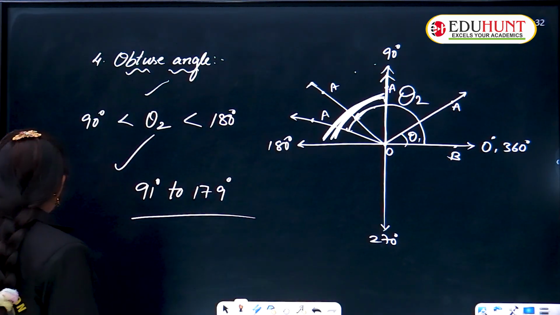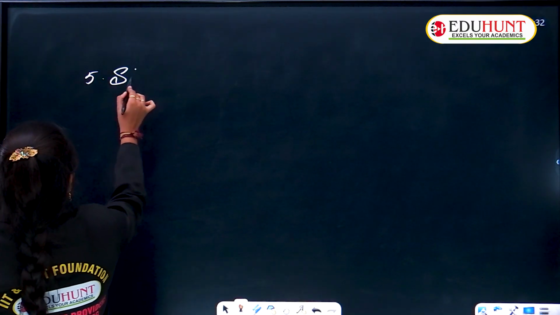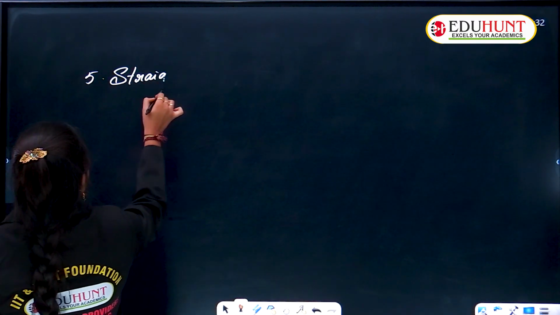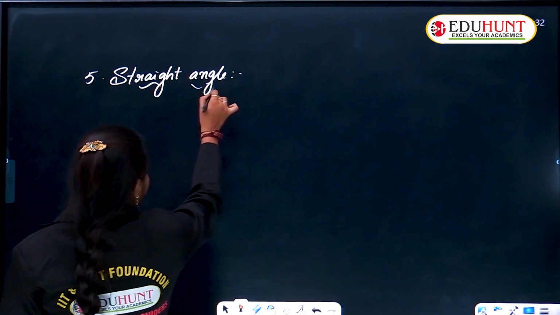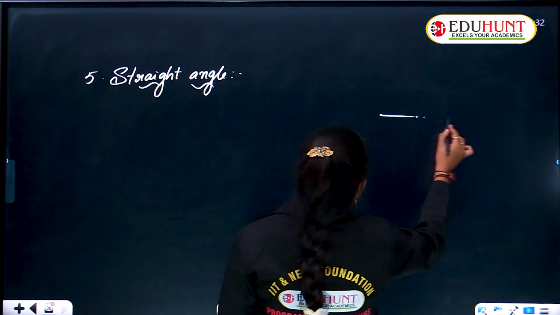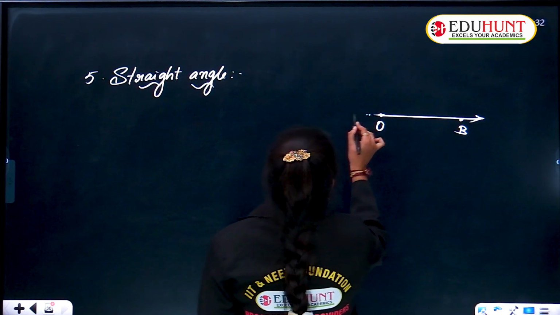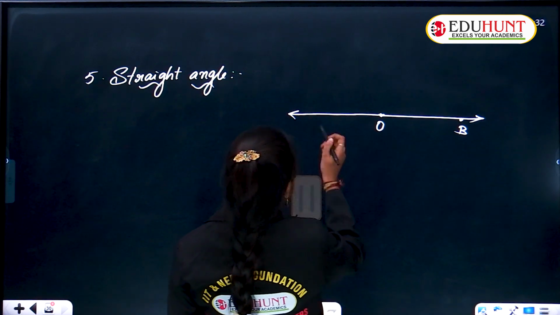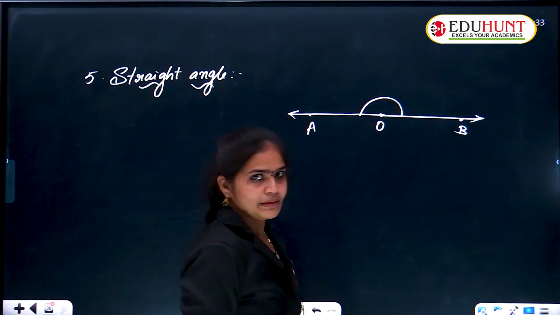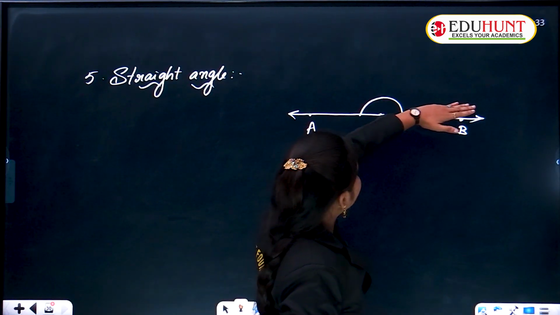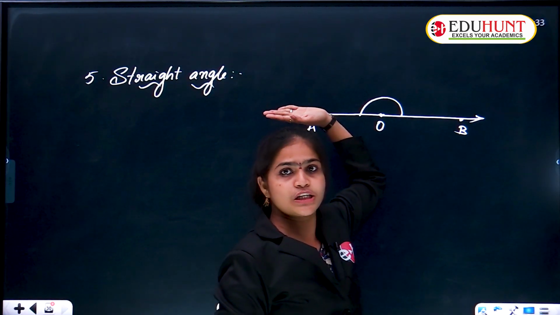Next we have the straight angle. Straight angle means, as I already told you, two opposite rays OA and OB form a straight line, and those two also form an angle. Why? Because OA moves in the anti-clockwise direction and comes exactly opposite to OB.